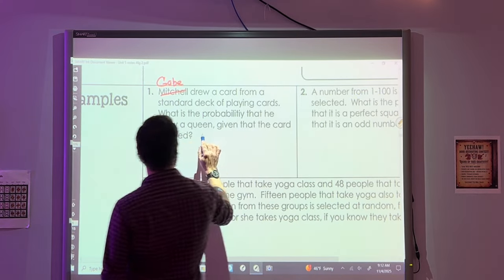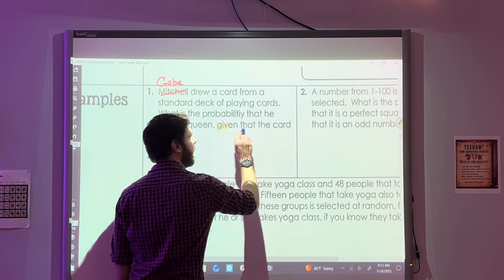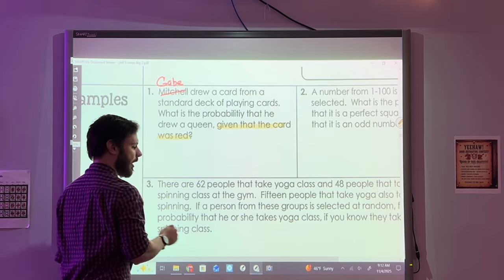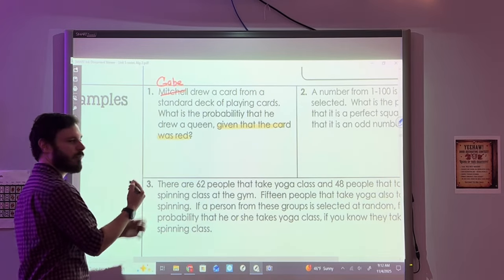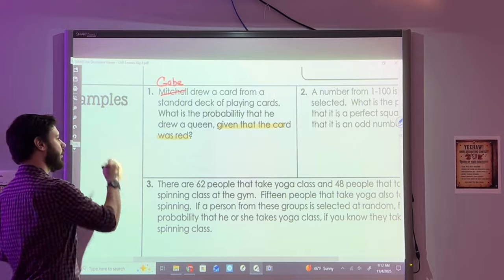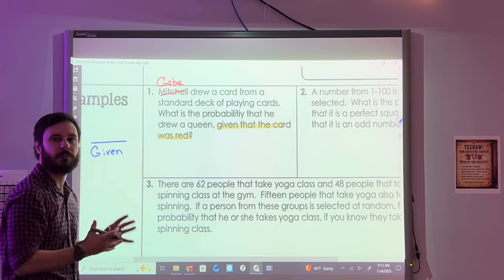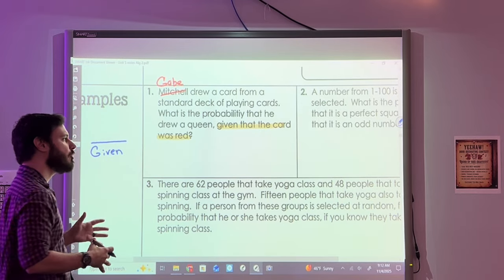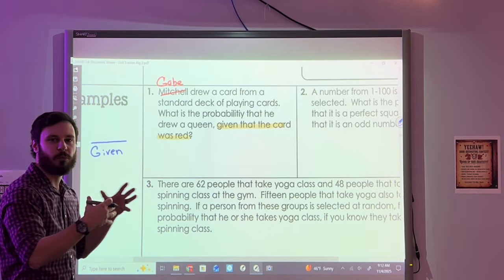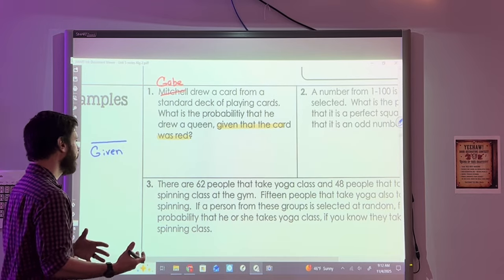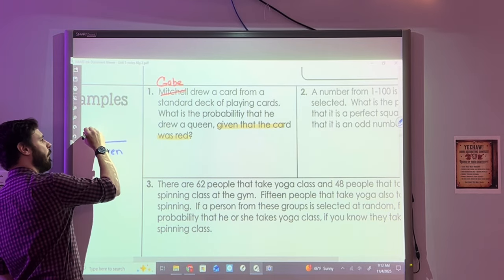What is the probability he drew a queen given that the card was red? When we do these problems, your given will always become your denominator. And then the numerator is what we want, or the favorable outcome, however you want to describe it.